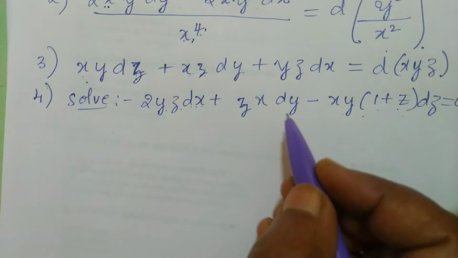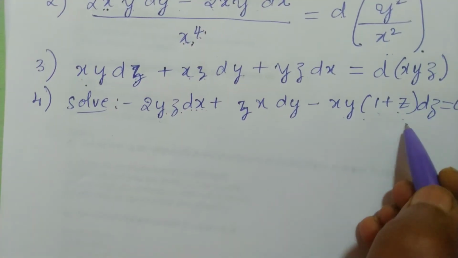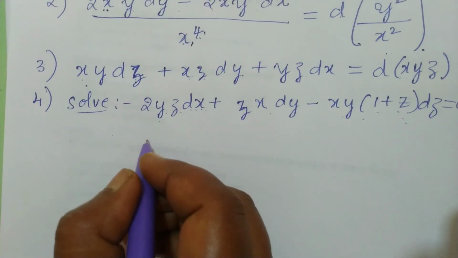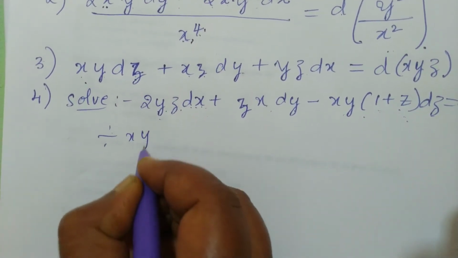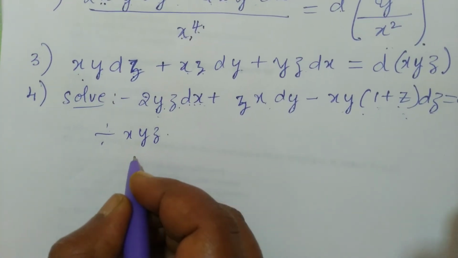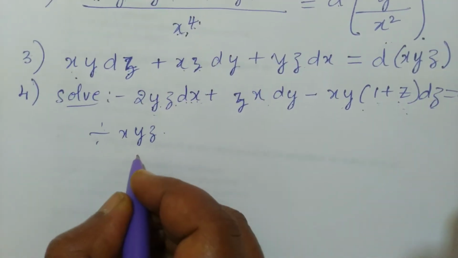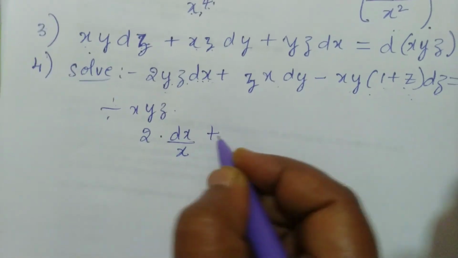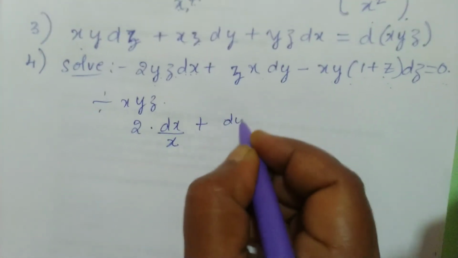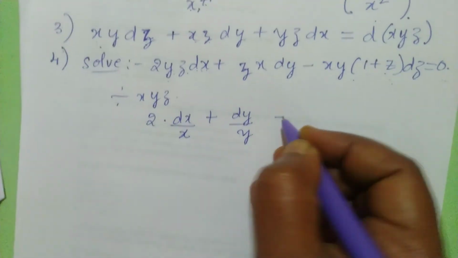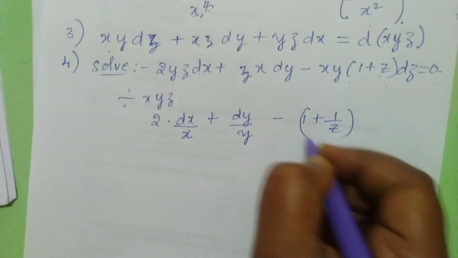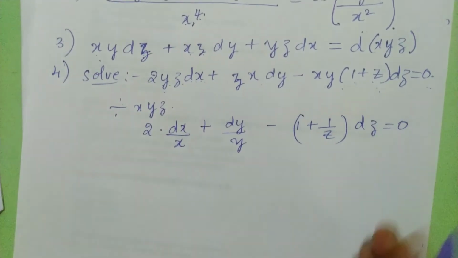So what we can do is divide throughout by xyz in all the three terms. If I divide by xyz, yz gets cancelled, and I have 2 dx by x only, plus dy by y, minus (1 plus 1 by z) dz is equal to 0.